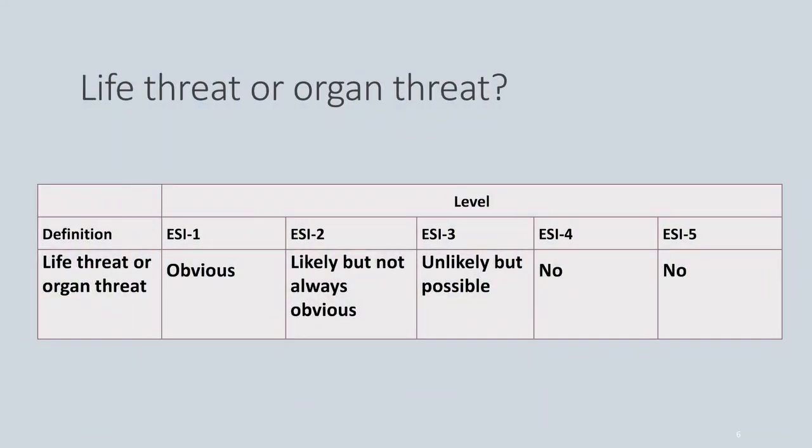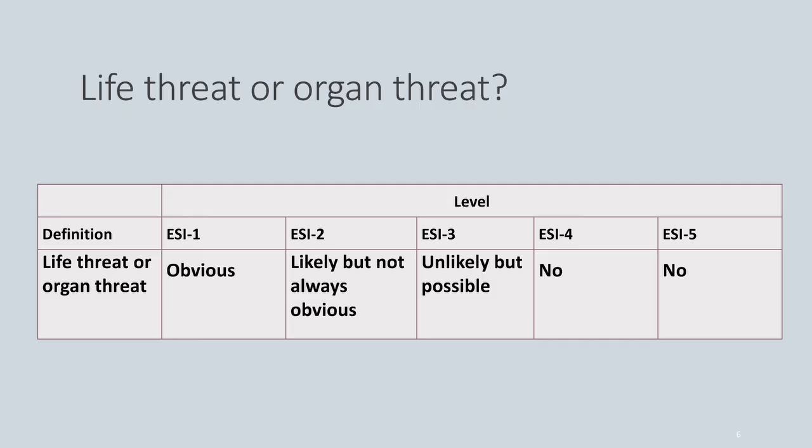Is there a threat to their organs or their life? If they are an ESI 1, there is an obvious threat to their life or organs because they're not breathing or their heart's not beating. If they're an ESI 2, it's likely, but not always obvious. So if they're having a stroke, that could be life-threatening. If they're having a STEMI, that could be life-threatening.